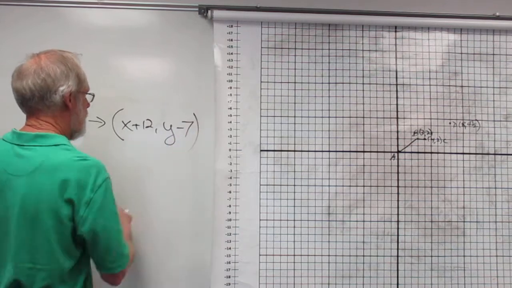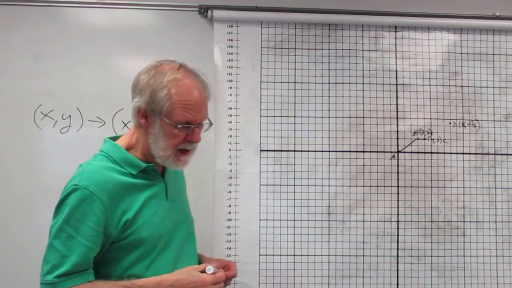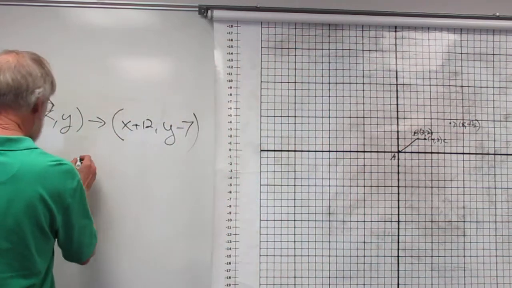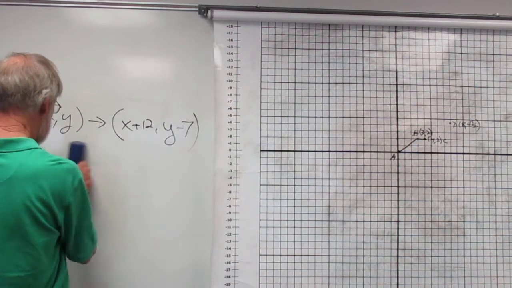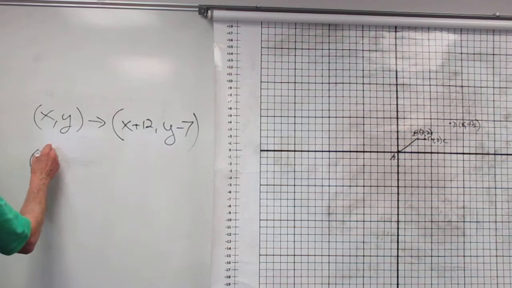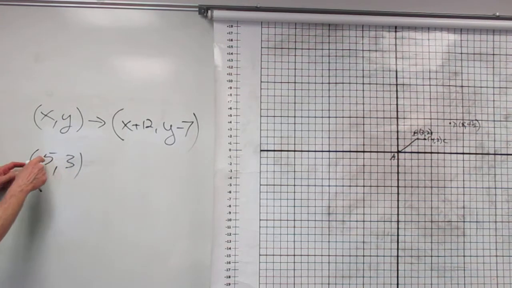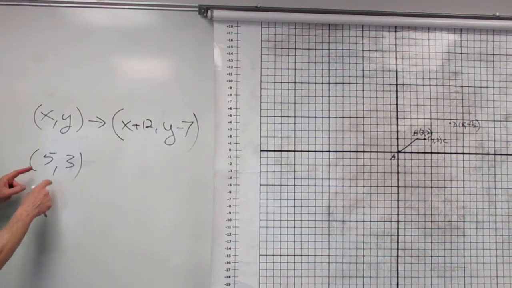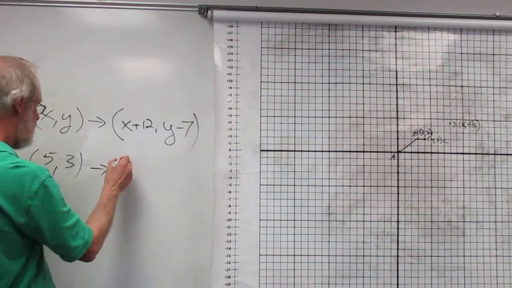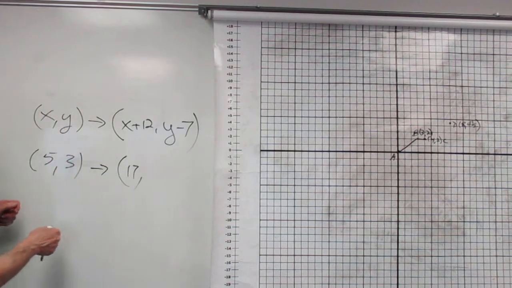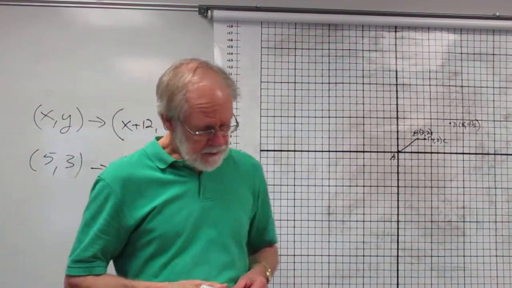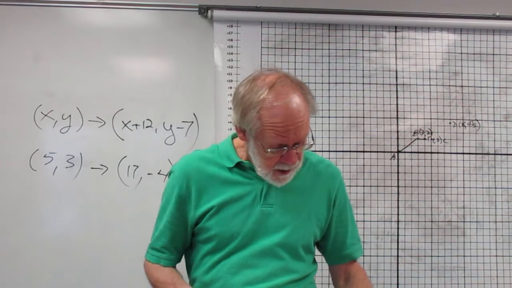Take an initial point that they give you. Let's take (5, 3). What happens to the point (5, 3)? Well, this tells you to add 12 to the x value and take away 7 from the y value. So 5 plus 12 is 17, and 3 minus 7 is negative 4. So that's what they want you to do with those.